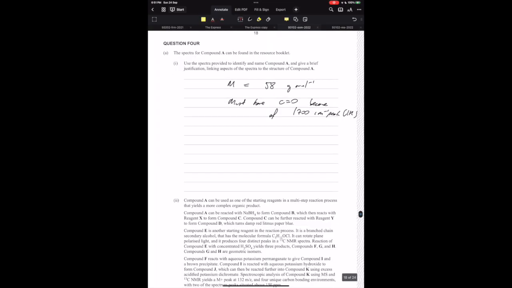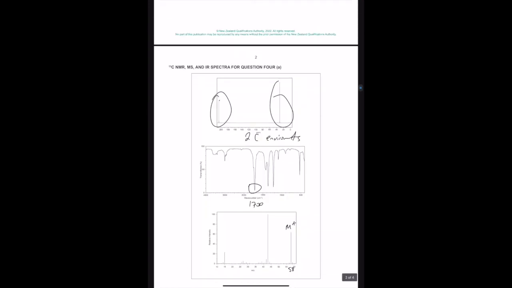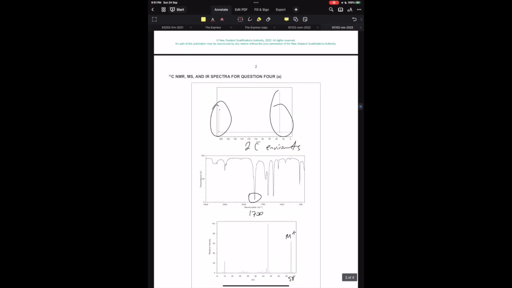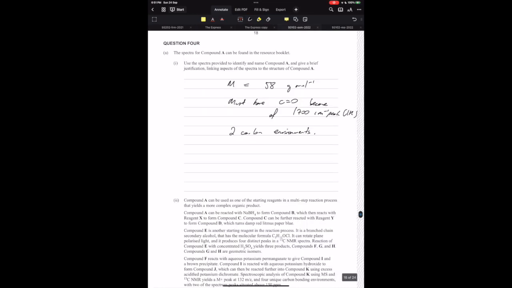We also know from the IR spectrum that an OH peak is missing, because otherwise you would expect a massive peak here at around 3000, but that is not observed. So therefore, it can't be either an alcohol or a carboxylic acid. That leaves us with only a ketone or an aldehyde.